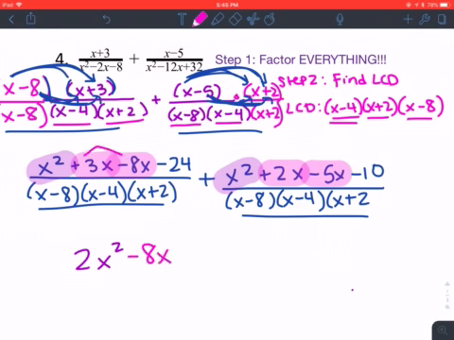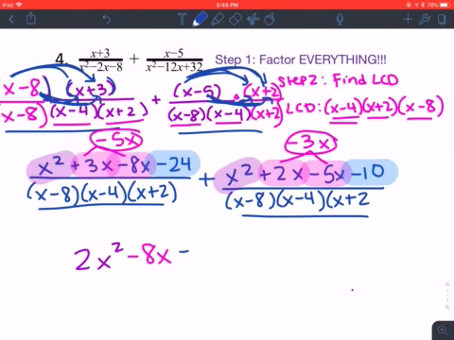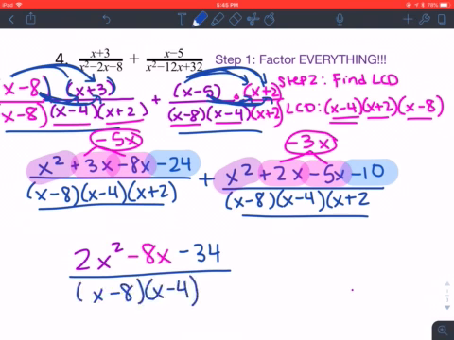Now if you need to combine these first, and then combine, take as many steps as you need to get your final answer. Okay, and then negative 24 plus negative 10 gives me a negative 34. All divided by x minus 8 times x minus 4 times x plus 2.